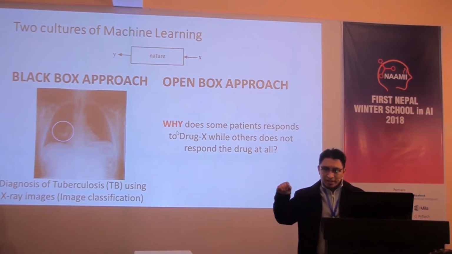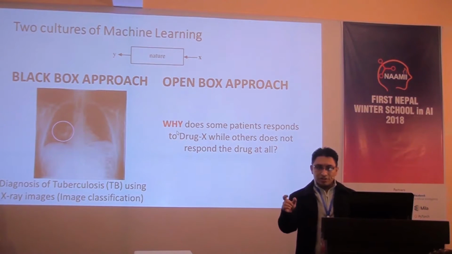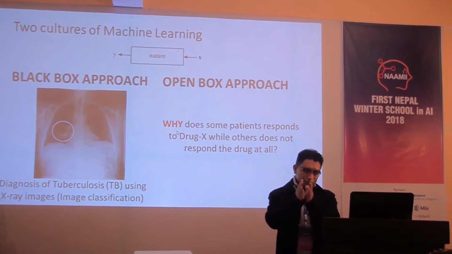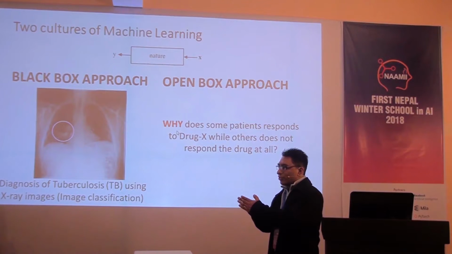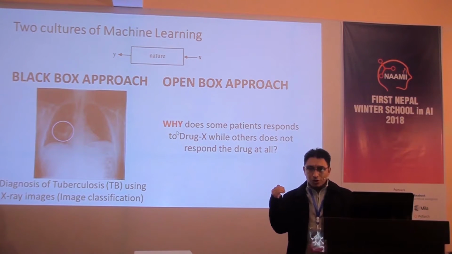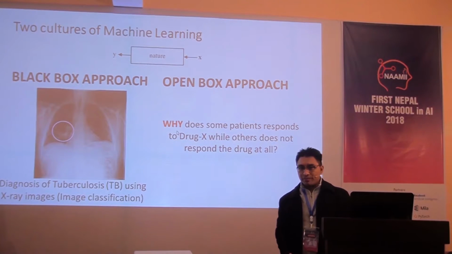So in this case, we are interested in learning about the features. Of course, the classification problem of distinguishing those patients that respond to the drug and those that do not is essential. But we are also interested to know about the features, like what makes the drug work and not work in some patients.